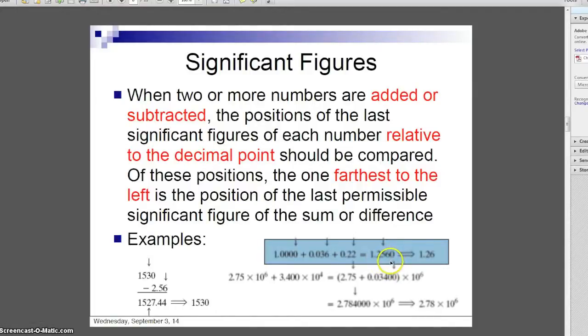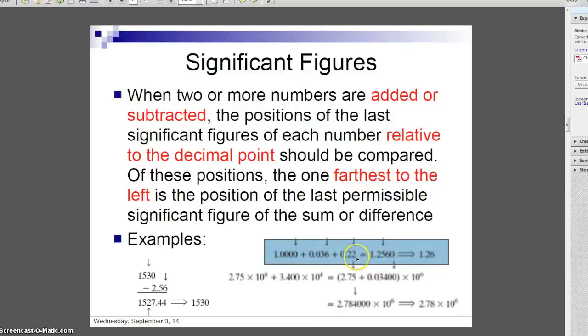Since it says the one farthest to the left is the position of the last permissible significant figure, here is 5 significant figures, and here is 3 significant figures, and 0.22 is 2 significant figures. So 0.22 is the farthest to the left of the decimal point.